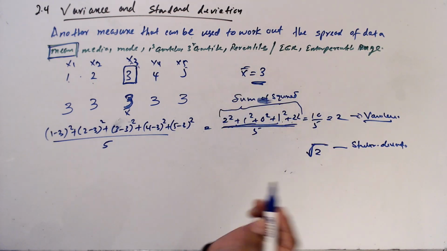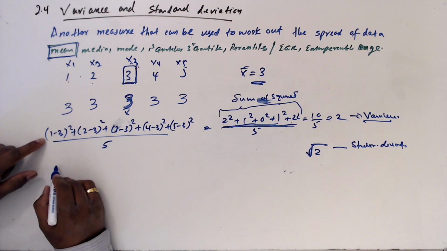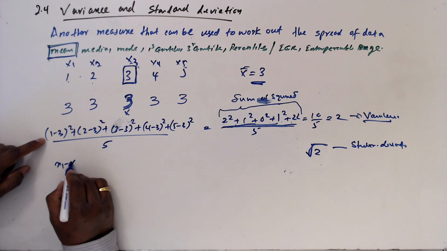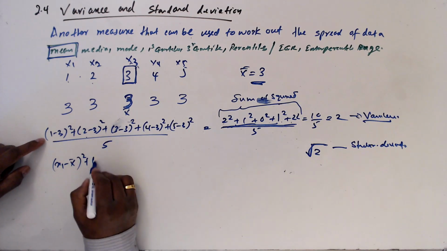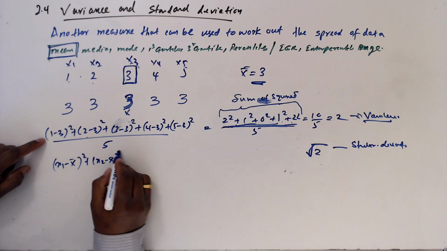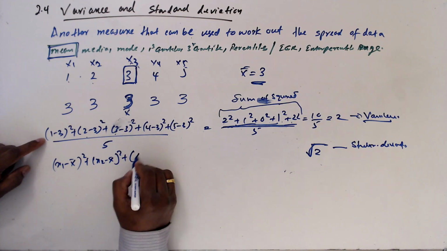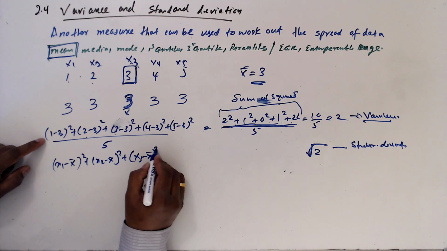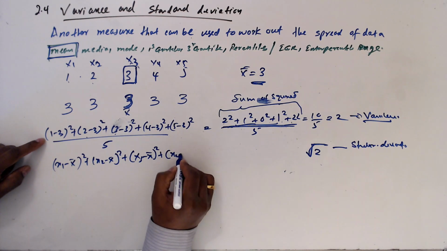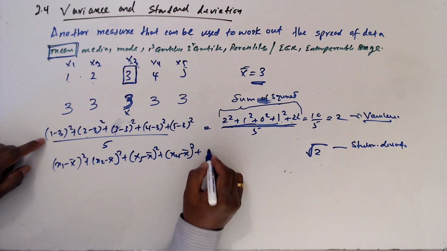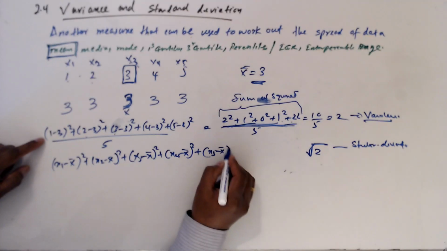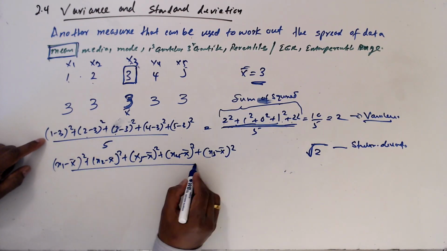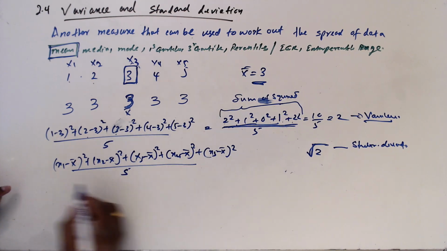We found out. Now what is happening here? x1 minus x bar squared plus x2 minus x bar squared plus x3 minus x bar squared plus x4 minus x bar squared plus x5 minus x bar squared, divided by 5.